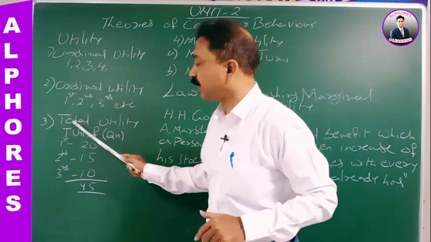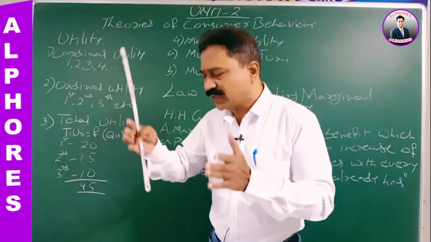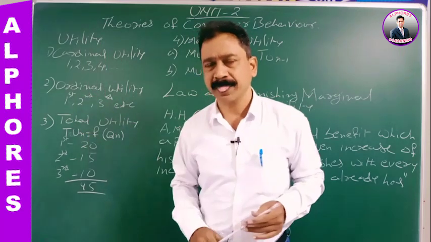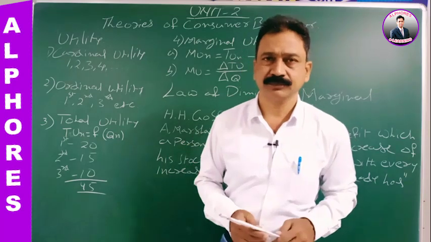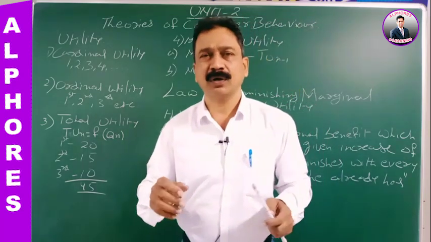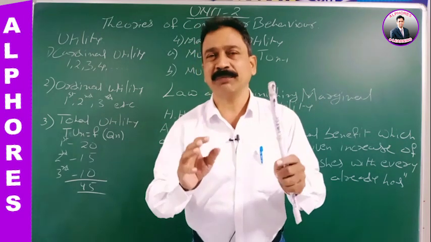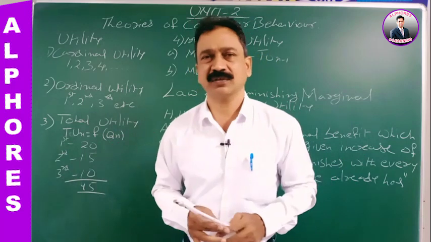Now we will go to the total utility. As the commodities go on increasing, utility also goes on increasing. Yes or no? See, you went for shopping. First you purchased your favorite jeans. Why I am using jeans particularly is that they are suitable for boys as well as girls nowadays.